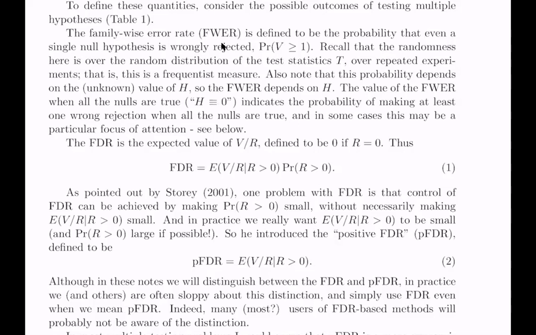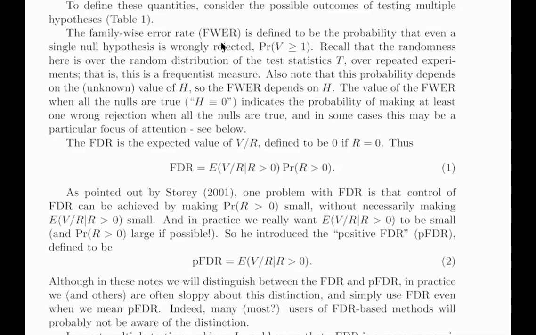Trying to make no mistakes whatsoever is too strong when you're looking at this kind of setting. What you really want is that you find lots of things and most of them are right. Not 100%, but most of them. So they think of the FDR as a kind of relaxation, a less conservative criterion than the family-wise error rate.